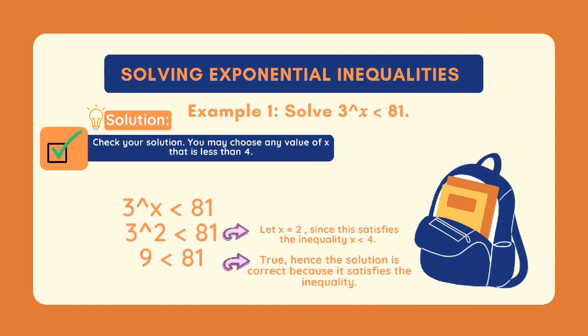Since this satisfies the inequality x less than 4, it will be 3 raised to 2 less than 81. So the answer is 9 less than 81. It's true, hence the solution is correct because it satisfies the inequality.